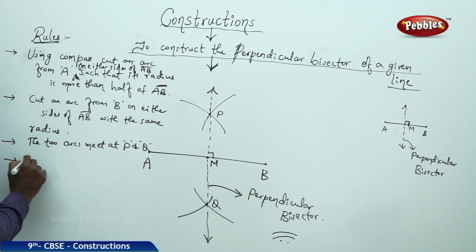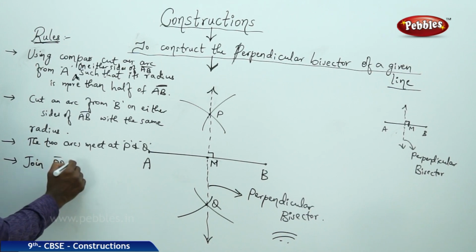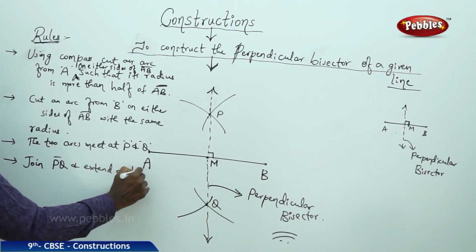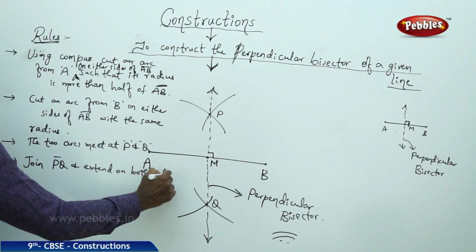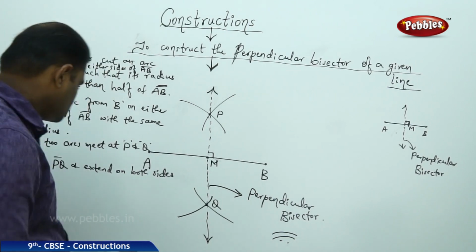Now, join PQ and extend on both sides. I join PQ and extend on both sides.